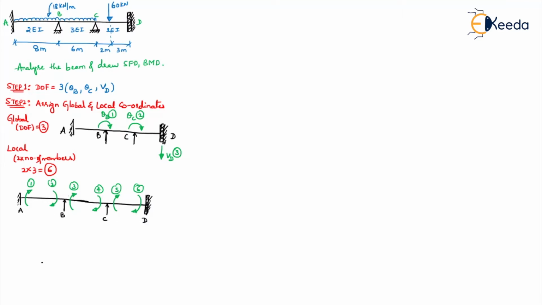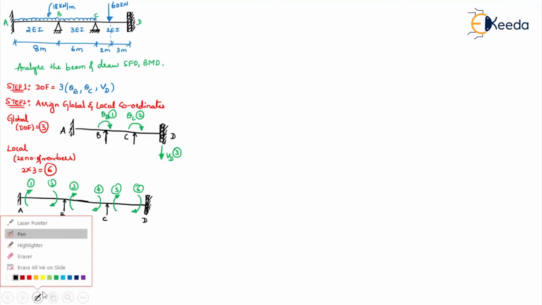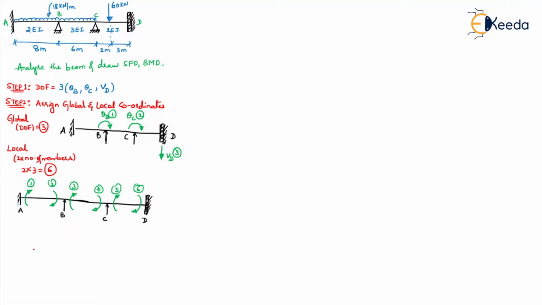Now after assigning the local and global coordinates is over, what is the next step? Yes, step 3 is to find your fixed end moments. In this problem, along with fixed end moments, you also need to find the normal reactions, because there is a vertical global coordinate here, so we need the normal reactions.